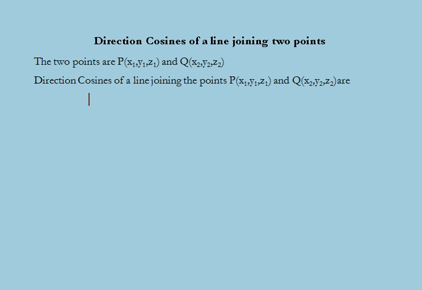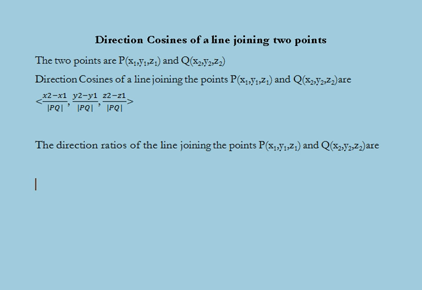Then the direction cosines of the line joining the two points are given as x2 minus x1 divided by modulus of PQ, y2 minus y1 divided by mod of PQ, z2 minus z1 divided by mod of PQ. And the direction ratios of the line joining the two points P and Q are given as x2 minus x1, y2 minus y1, z2 minus z1.